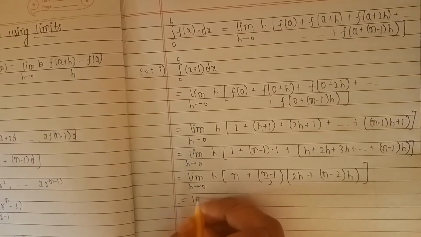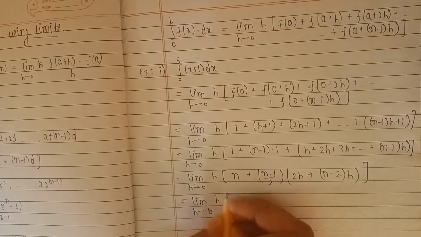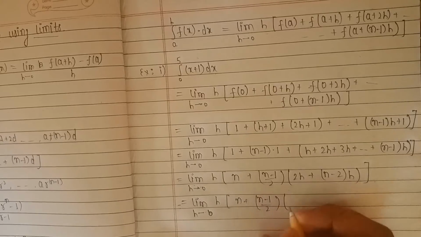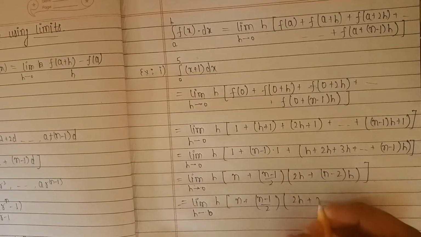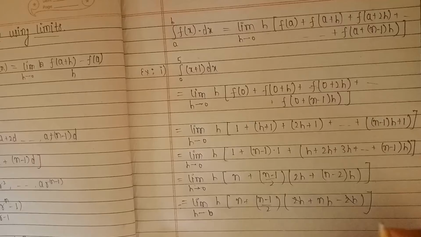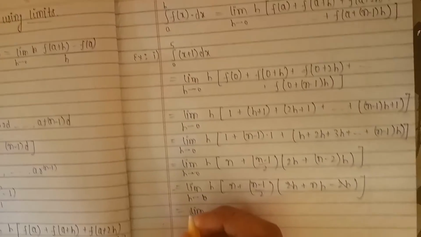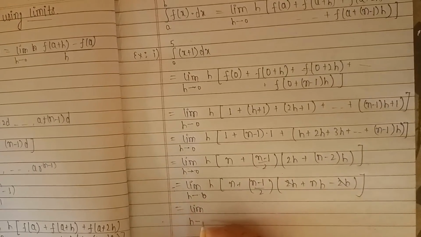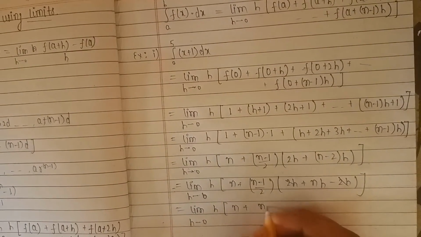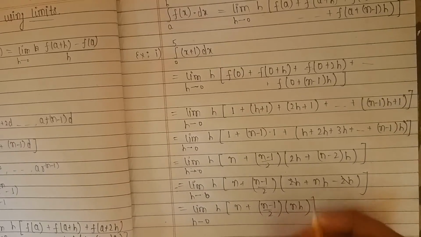Which will be equal to limit h tending towards 0, h times n plus n minus 1 by 2 into 2h plus nh minus 2h. 2h gets cancelled, so we are left with limit h tending towards 0, h times n plus n minus 1 by 2 into nh.